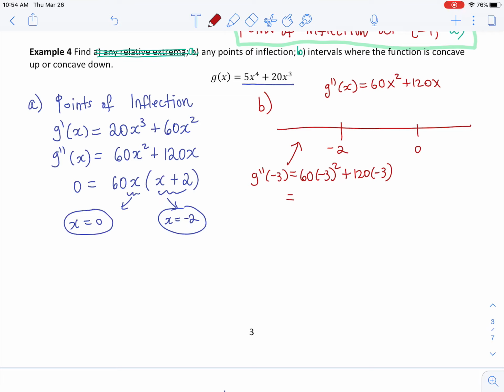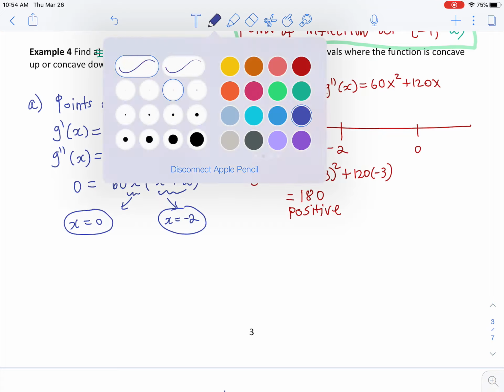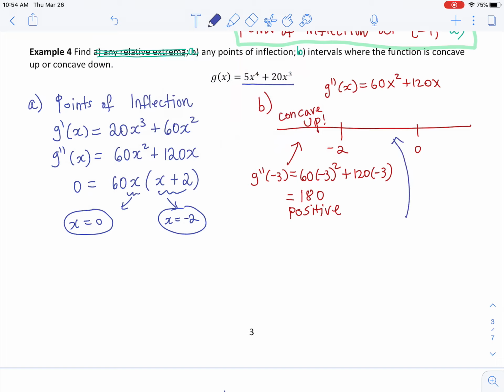Let's get the sign of that number. It is 180, which is positive. The second derivative came out positive, so this must be concave up.